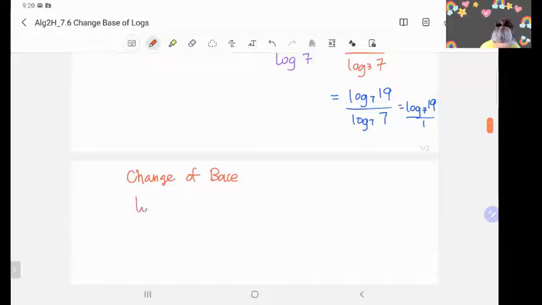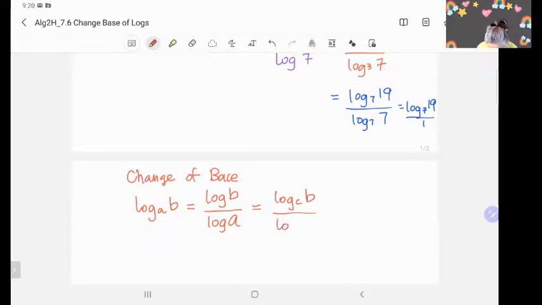If you have log base A of B, then if you are using common log, this is going to be log of B over log of A. Or you can come up with a totally unrelated base, then it can be log base C of B over log base C of A. So now we came up with this change of base rule right here.